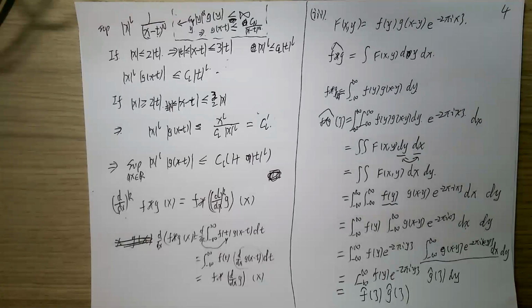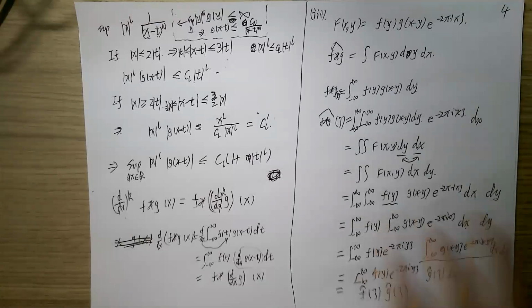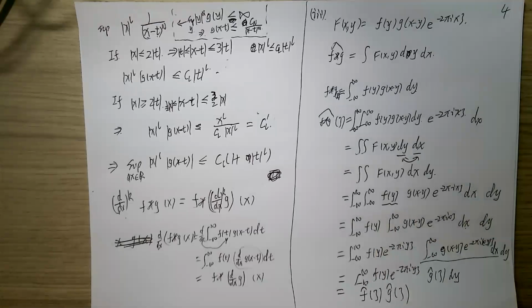So you can see that the key magic here is we switch the order of integration. And the reason we are able to switch this order of integration is, first, this function capital F is smooth. Second, it decays good enough.